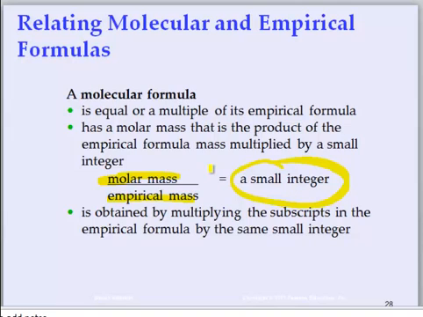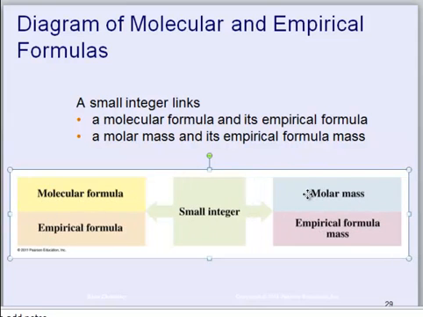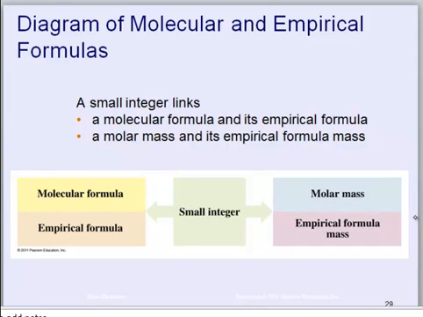And by multiplying the subscripts in the empirical formula by the same integer, you will get the molecular formula. So let's see over here a relationship between all of these: molecular formula, empirical formula. Divide that, you will get a small integer. Then use that integer to calculate the molecular formula.